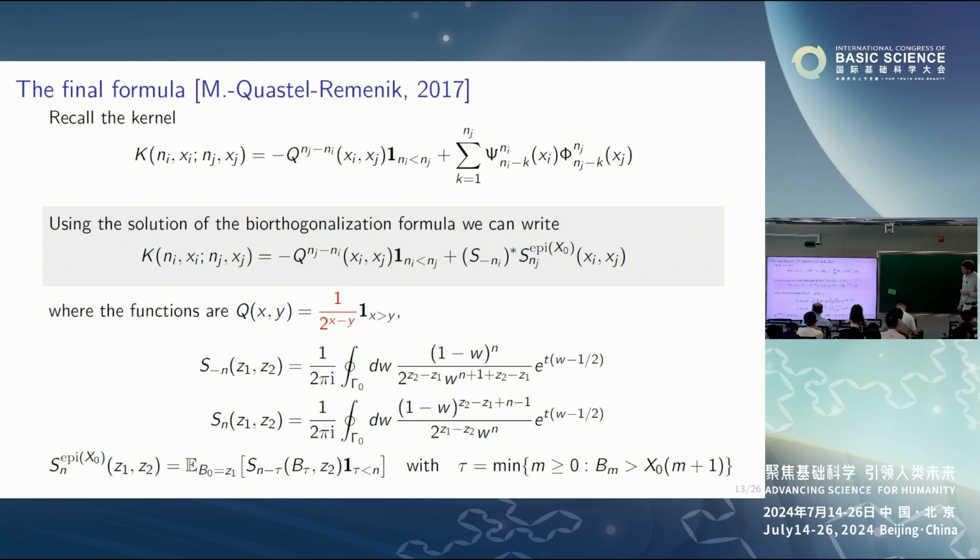So you can see that the dependence of the kernel on the initial configuration of particles x0 is quite complicated. It is hidden inside this expectation, so the dependence appears through this stopping time, the hitting time of the curve x0. For special initial conditions, which I showed you before, the distribution of this hitting time can be computed explicitly.